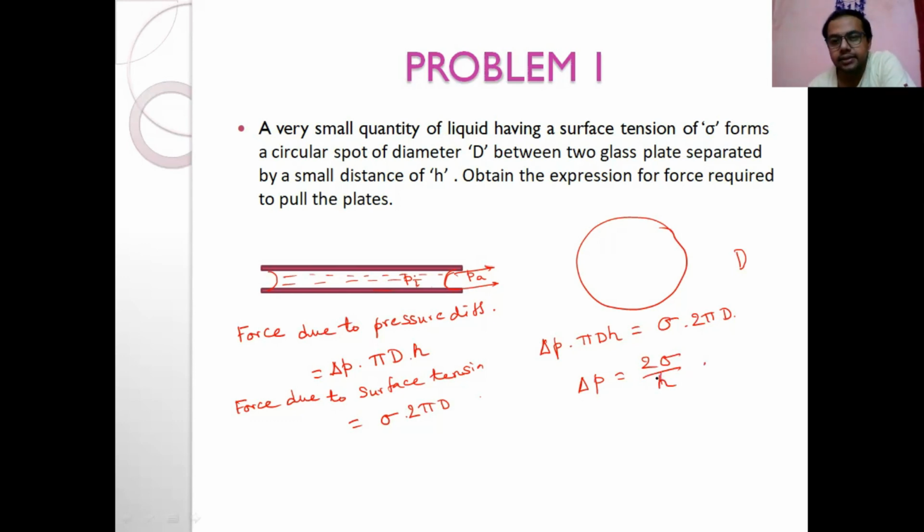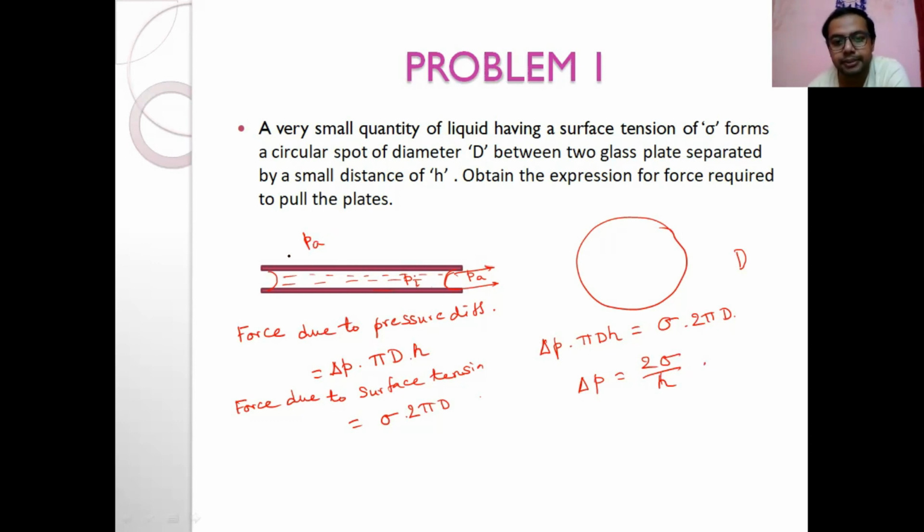Now they are asking, what is the force required to pull the plate? Because there is a vacuum, it is an equilibrium condition. Enough force is required to pull the plate. Outside is also the same, P atmospheric.